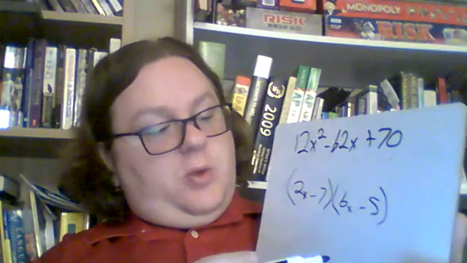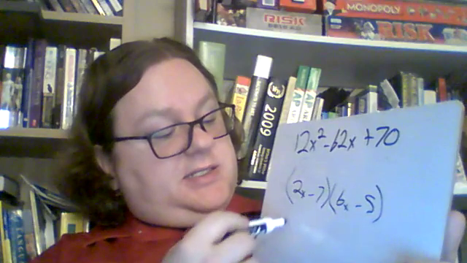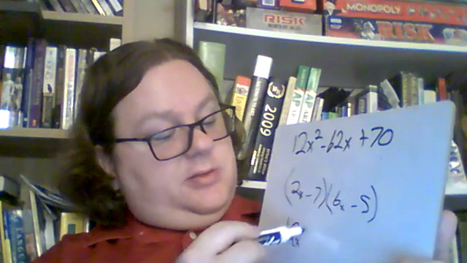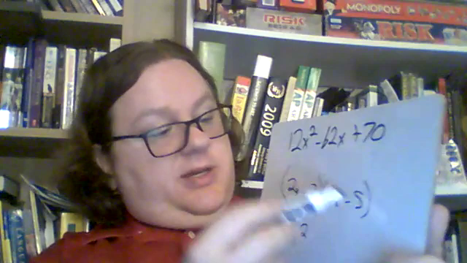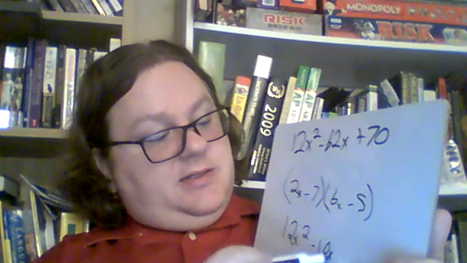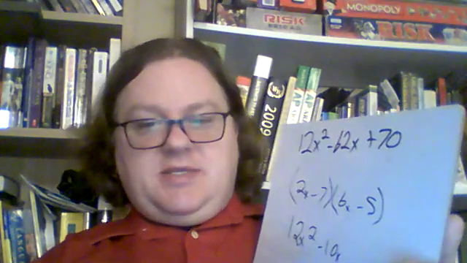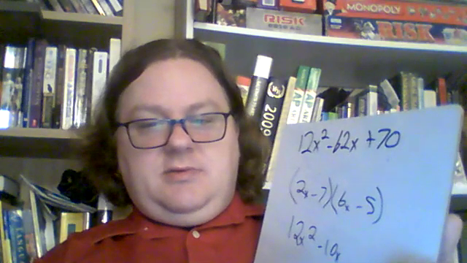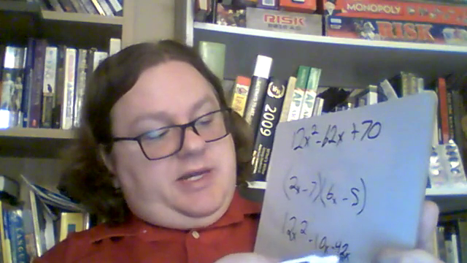Okay, I know that's a wonky 5. Don't judge me. 2x times 6x gives me 12x squared, which is what we wanted. We knew that was going to happen. 2x times negative 5x is negative 10x. Negative 7 times 6x, 6 times 7 is 42, negative 42x.